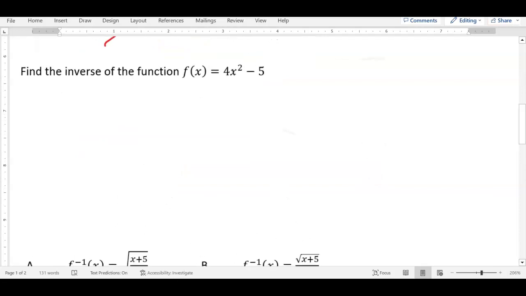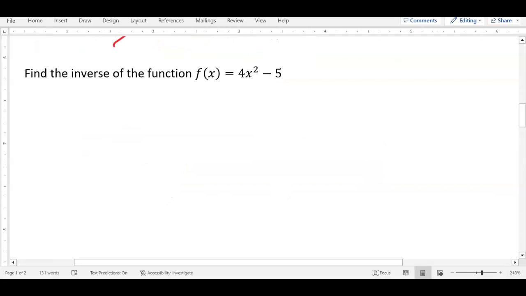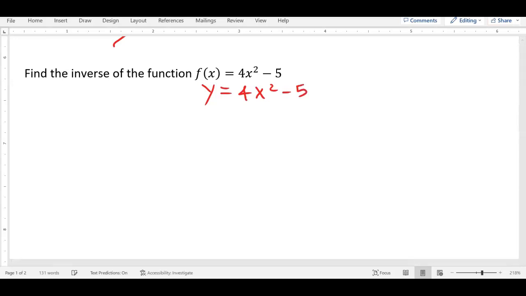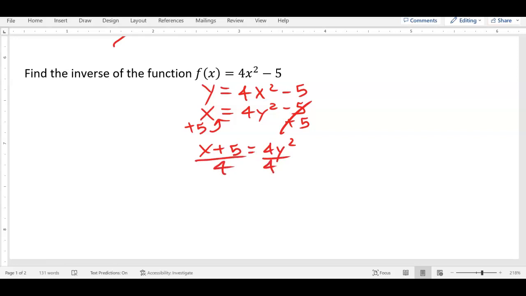All right, similar idea here. Let's go ahead and turn this into y. Oh, sorry, switch x and y. And now let's get rid of this loner. Opposite of -5 is +5. So x plus 5 equals 4y squared. Get rid of the 4 by dividing by 4.